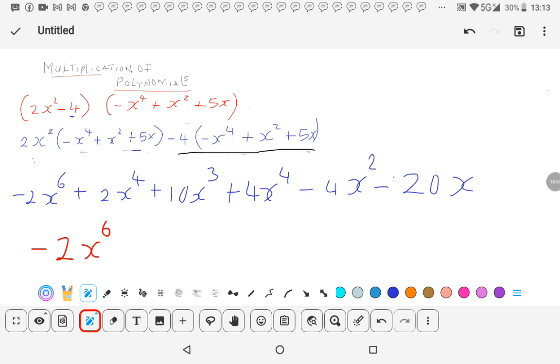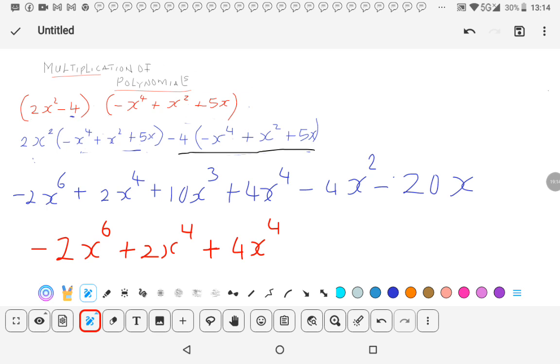The next value with the highest power, we have plus 2x raised to the power of 4, followed by plus 4x raised to the power of 4 also. You have to take note of this, because we have two values with a power of 4.